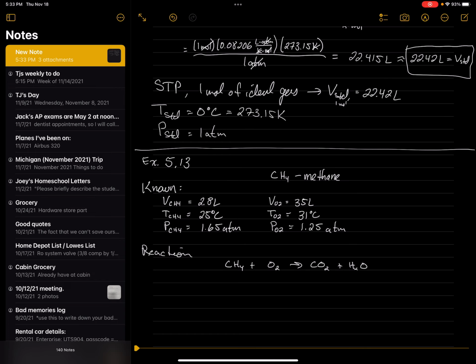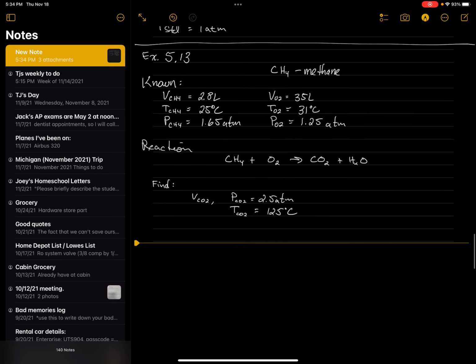And then what we're told is to find the volume of CO2 when the pressure of CO2 equals 2.5 atmospheres and the temperature is 125 degrees Celsius. Okay.